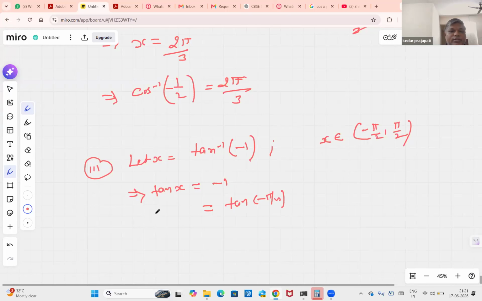And this is x, which implies x equal to minus pi by 4. And what is x? Tan inverse minus 1. So tan inverse of minus 1 is equal to minus pi by 4.